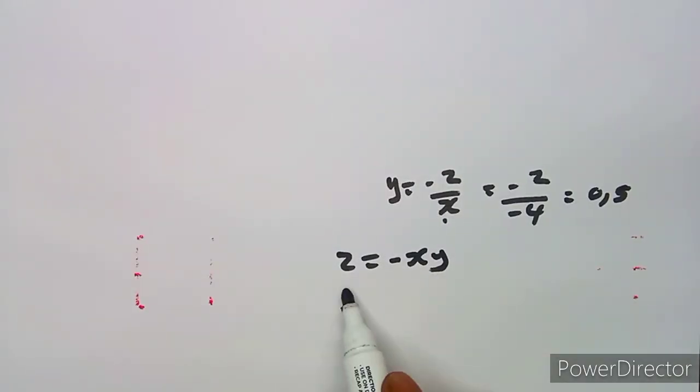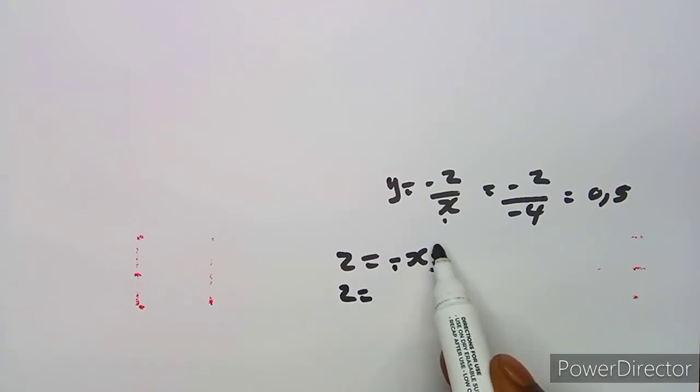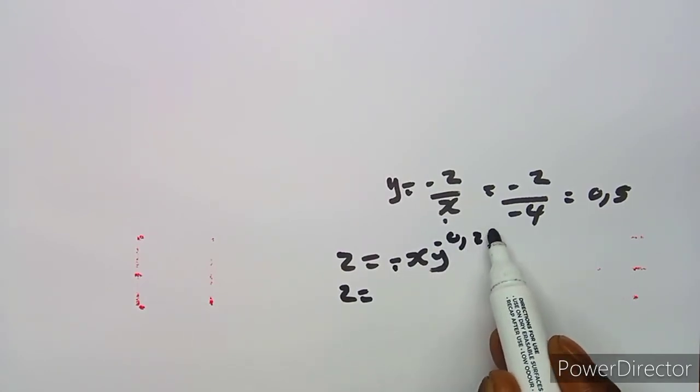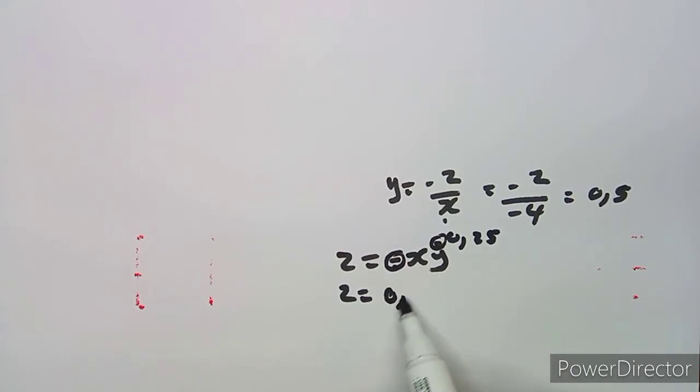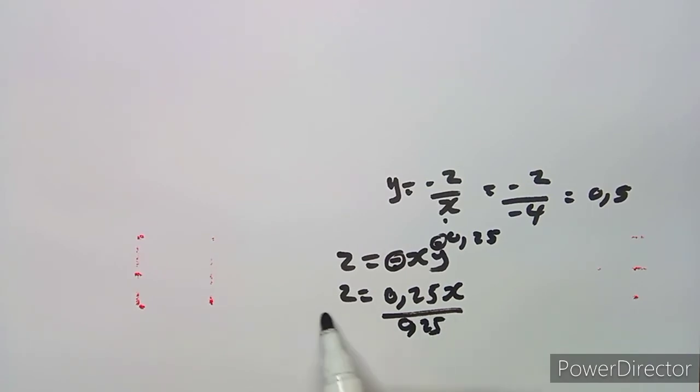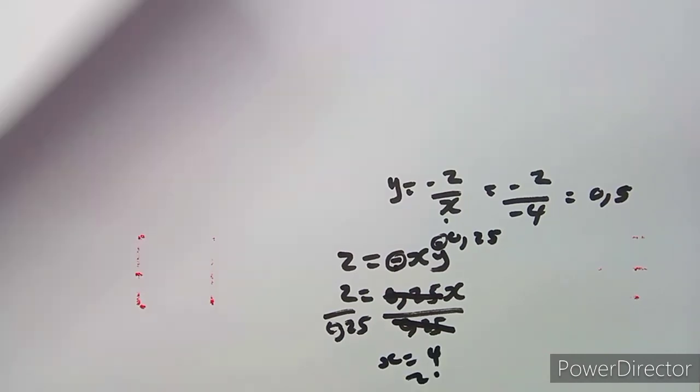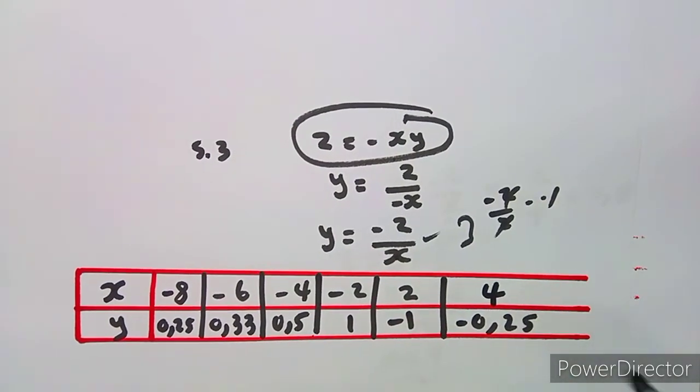So 2 is equal to minus x times minus 0.25. The negatives cancel, so it's 0.25x, and dividing both sides by 0.25, your x is going to be 4.